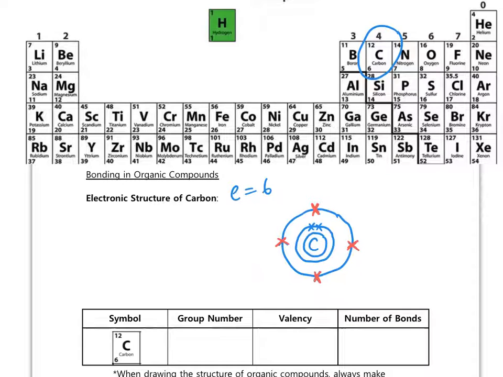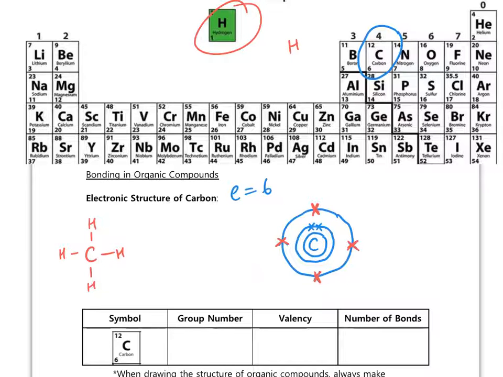So if you think about, on the previous page we were talking about methane, and I drew it like this: carbon bonded to 4 hydrogen atoms. So why is that? Well, those hydrogens are essentially coming in at the 4 points, the 4 electrons that we have got drawn here already. If you see hydrogen up at the top of the page here, its symbol is H and it has just 1 electron.